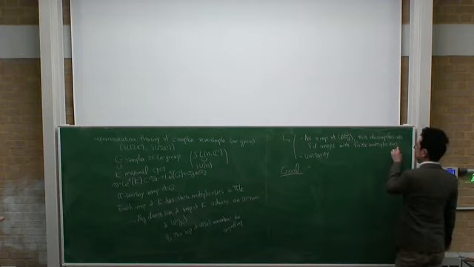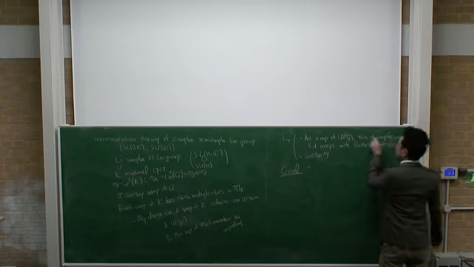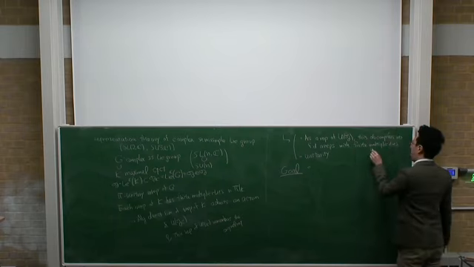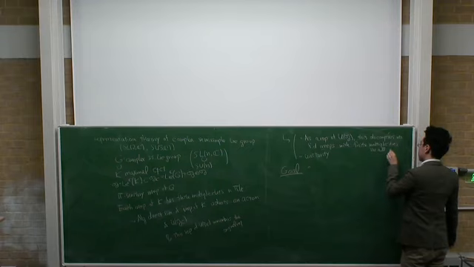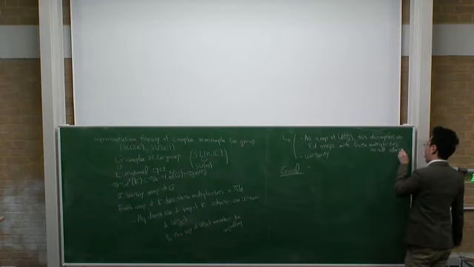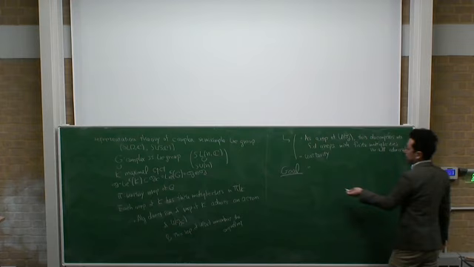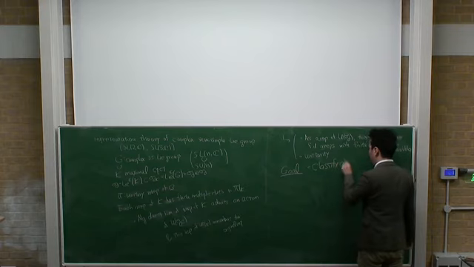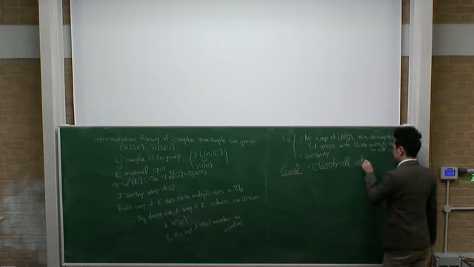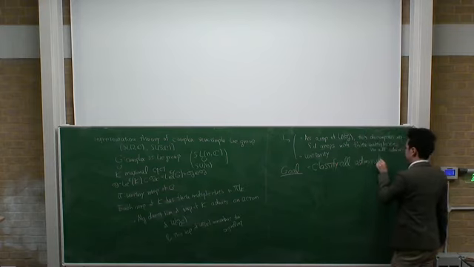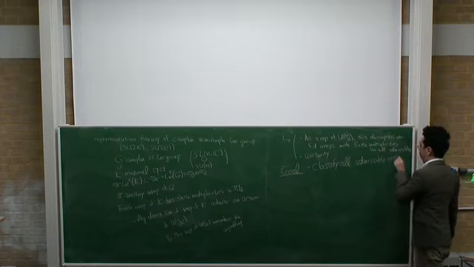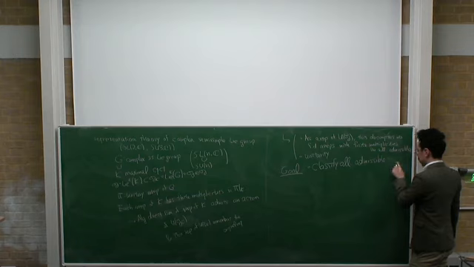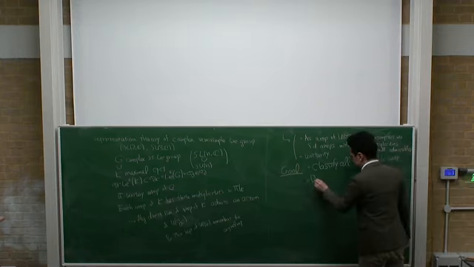I will call this property admissible. I want to classify all admissible irreducible representations, and then determine which ones are unitary.